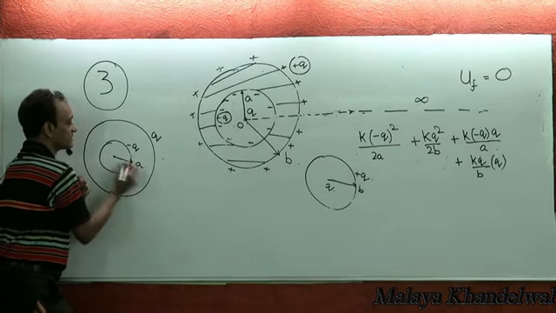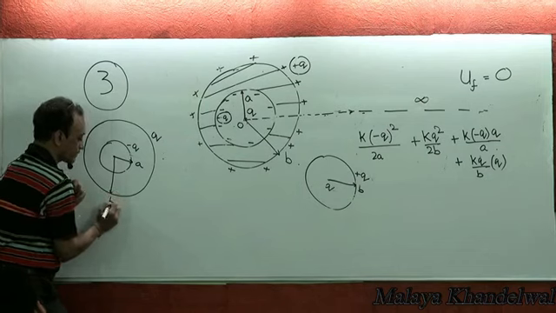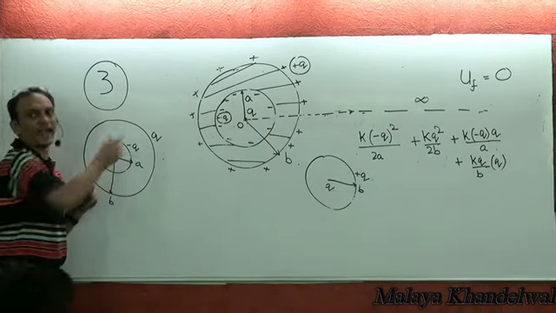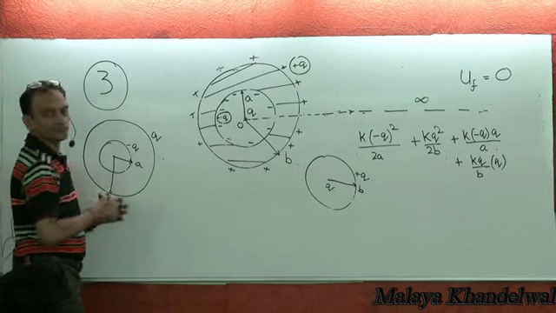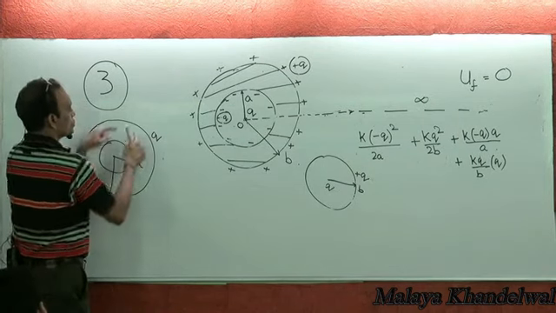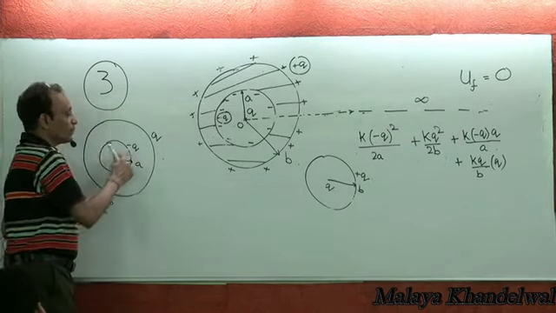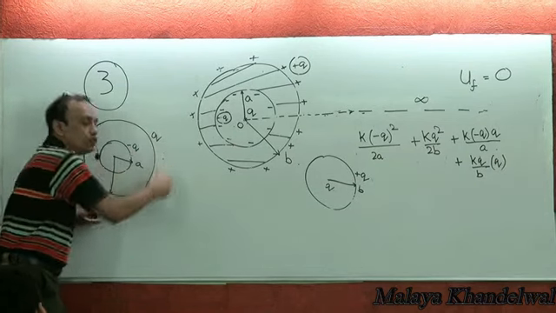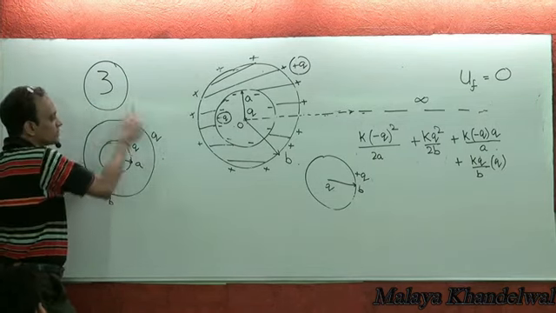This is A and this is B. This minus Q and this plus Q, they have interaction energy. So what I could do is compute the potential on this because of minus Q, into Q. What's the potential on this because of minus Q?